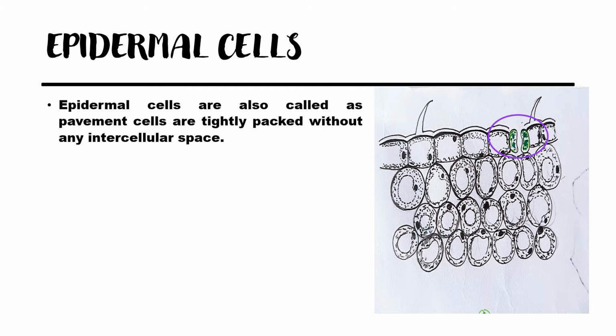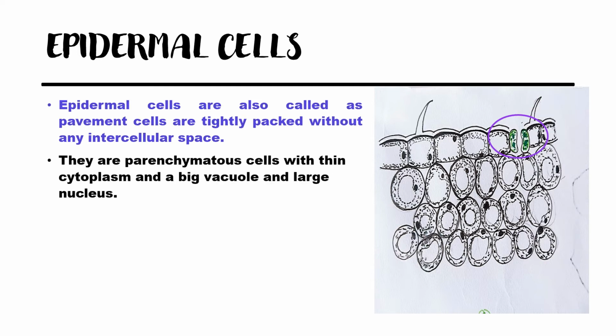Epidermal cells are also called as pavement cells. They are tightly packed without any intercellular space. Here we can see that the upper layer of cells is tightly packed with a small opening which is called as stomata. And they are parenchymatous cells.